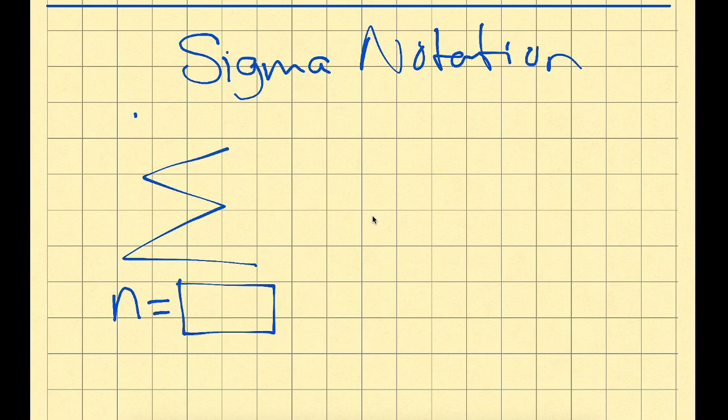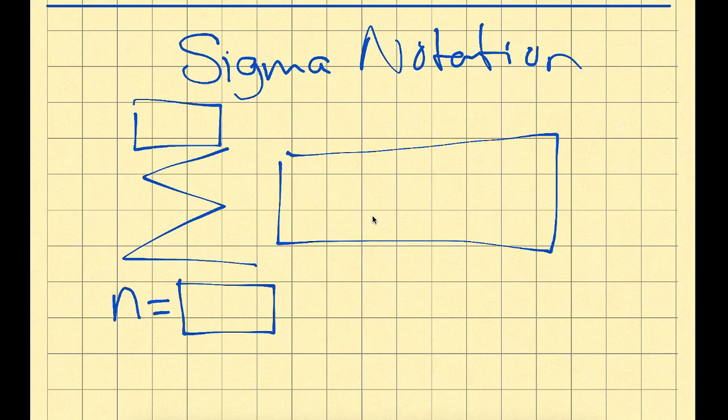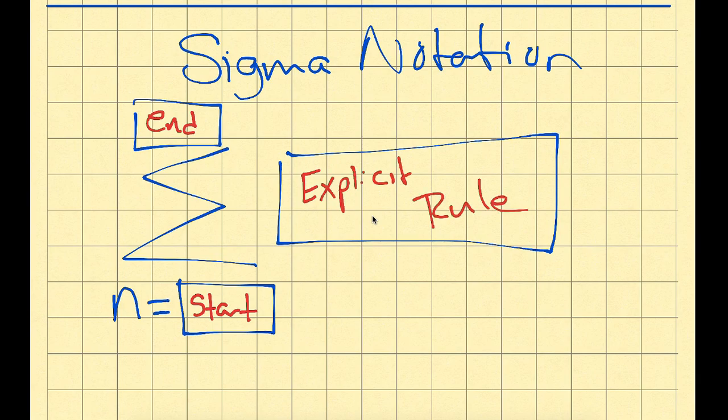There's going to be a piece here and right in here. The parts of this are the start, the end, and the explicit rule. And this stands for sum.